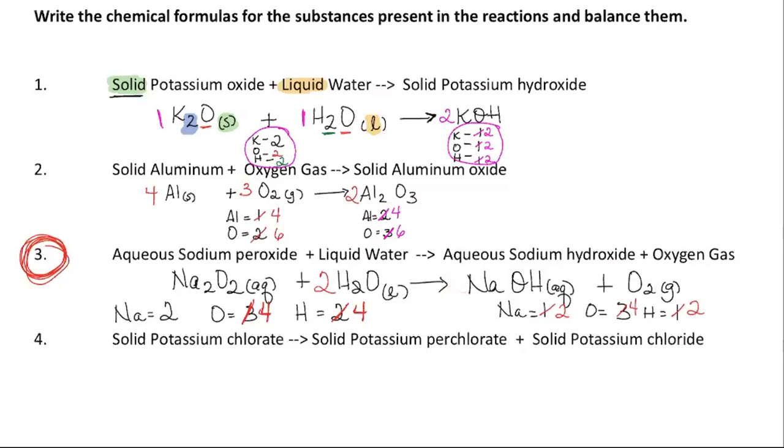What if I try to balance my hydrogens and I put a 4 before sodium hydroxide? Well, if I put a 4 there, that means that instead of 4, I will have 6 oxygens in the product. My hydrogens will go to 4. But what's going to happen to my sodium? It will also go to 4. Okay?